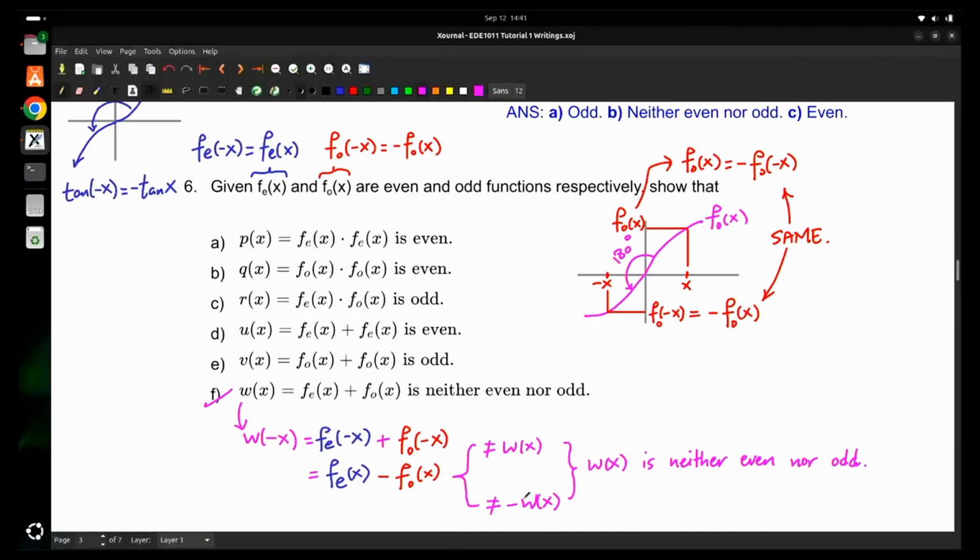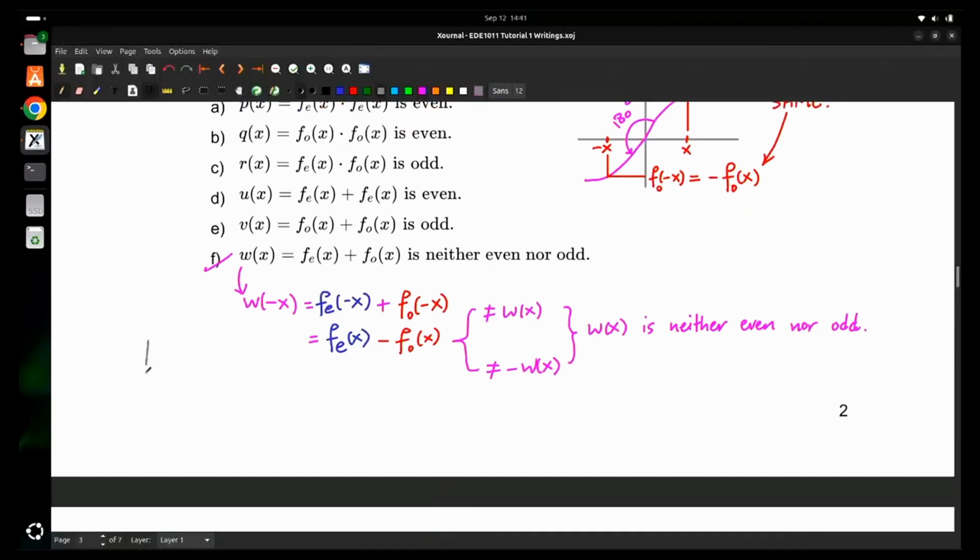Okay, and this is evident if you just mess around with two sample graphs. So I show you. Okay, so what's a simple even function? Constant, correct or not? F even of x equals to constant c. Constant is an even function, obviously. F of minus x equals to f of x for all x. Even function.